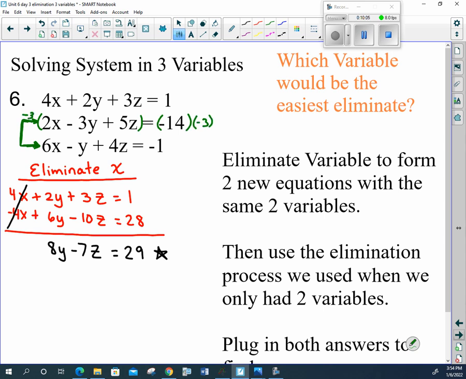That will give me a -6x. So -3 times 2 is a -6x. -3 times -3 is plus 9y. -3 times -5 is -15z. And -14 times -3 is positive 42.